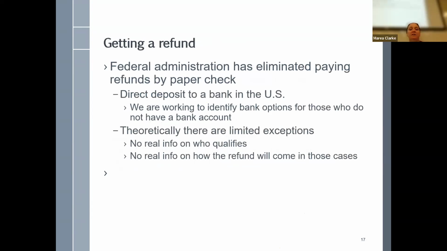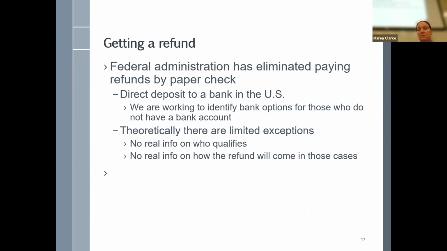All right, the fun continues in terms of getting a refund. The federal administration has eliminated paying refunds by paper check. They want you to do a direct deposit to a US bank, meaning a bank that's here in the United States, not the particular bank called US Bank. We are working to identify banking options for those that don't have a bank account. A lot of our international students in particular may have some challenges around this.